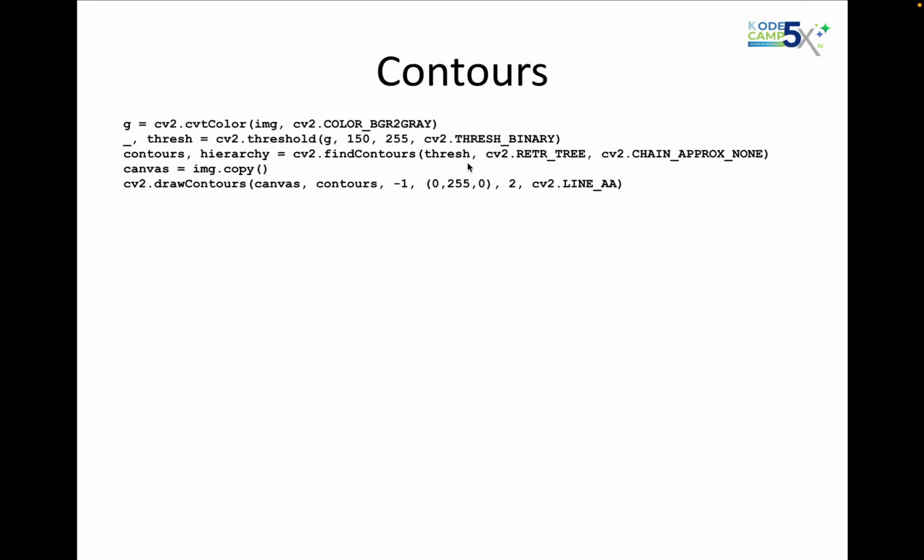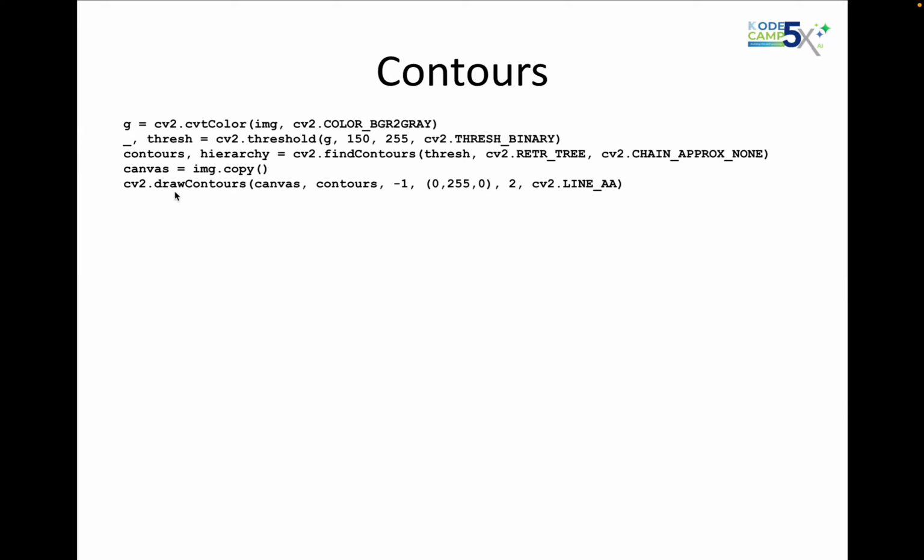To get your contours, you pass in your threshold value and the cv2 function RETR_TREE. Then you pass in another function, which is going to get the chain approximation, and you apply it to the image. You may not need to copy, you can apply it directly on the image.